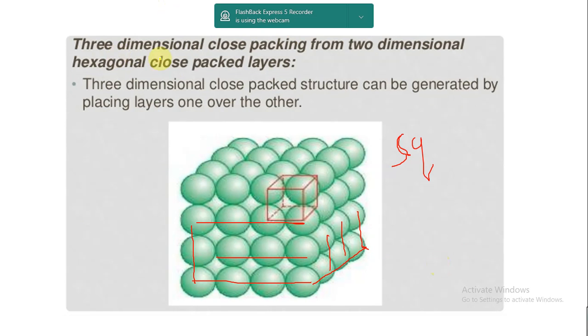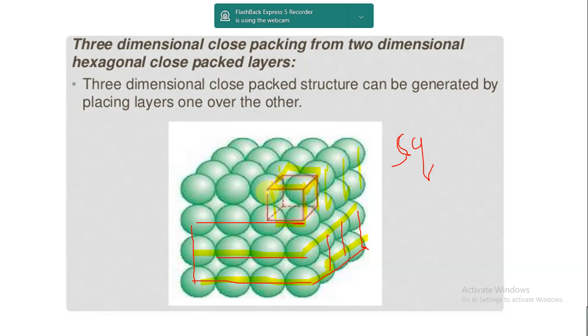Now in 3-dimensional closed packing from 2-dimensional hexagonal closed pack layers, we just saw this was the 2-dimension, and we extended it here in the 3rd dimension just by placing one over another, one over another. Okay, so if you see what kind of unit cell is getting generated, you see 1 2 3 4, isn't it? 4 particles are being connected, also 4 particles are being connected here, and this is 2.